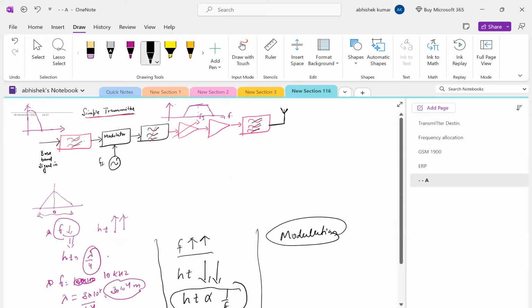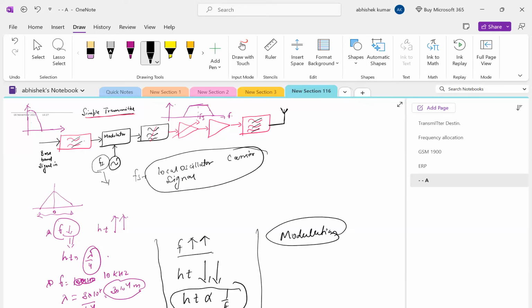If we have a baseband signal, we modulate it with a higher frequency local oscillator carrier signal. This is the FS, the local oscillator carrier signal.